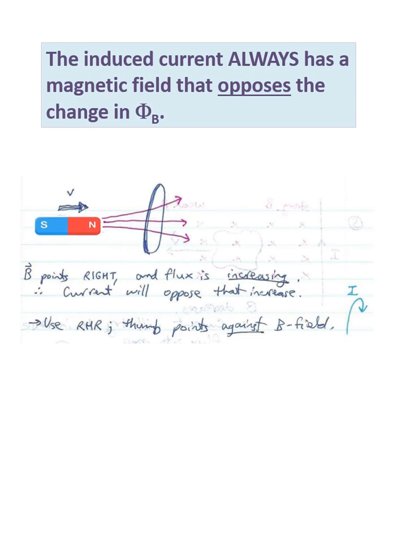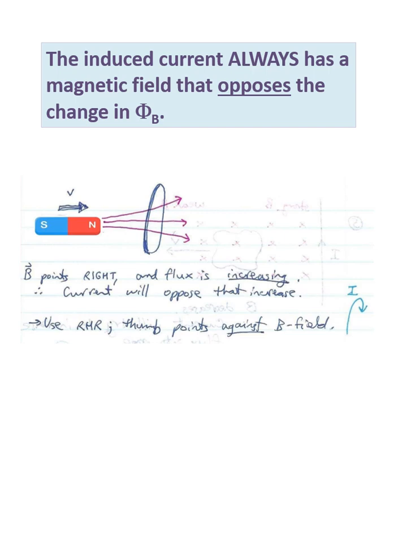So there will be an induced current, as you learned in the previous section, but now we're going to talk about the direction of that current. The current induced will have a magnetic field that opposes that increase. So what we're going to do is use a right-hand rule, and we're going to think about, if the magnetic flux is increasing to the right, a current through the loop that's going to push back in the opposite direction.